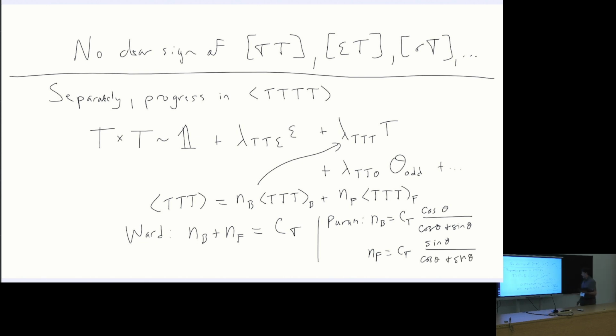And so with this parameterization, I automatically satisfy the Ward identity constraint. Basically, the upshot is that to describe these TTT 3-point functions, you have a choice. You can either describe them by specifying N_B or N_F, or you can specify them by saying the central charge and this additional angle parameter, theta.